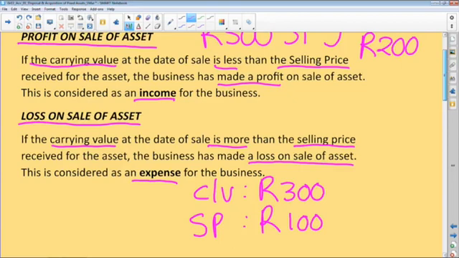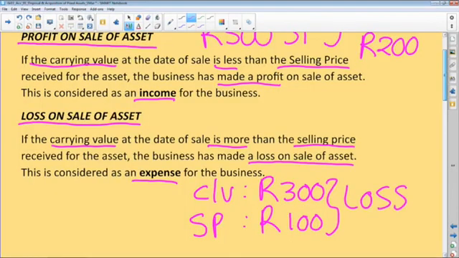The printer is worth 300 Rand, but I've sold it for only 100 Rand. So I've made a loss on sale of asset, and the loss is calculated by subtracting the two: a loss on sale of asset of 200 Rand. Okay, right, let's move on. Hopefully you guys are learning something and recapping on these concepts.